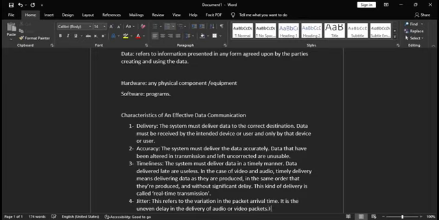For example, examples make it easier to understand, of course.